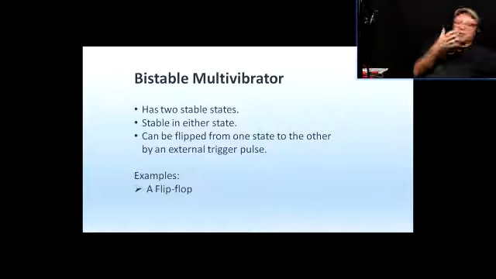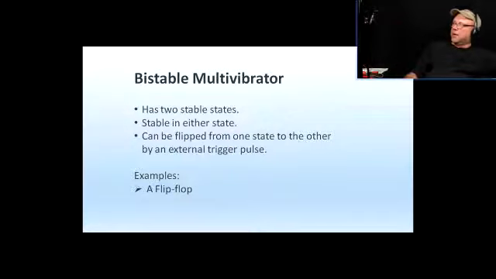So it is stable in either state. It can be flipped from one state to another by an external trigger, such as a pulse, or it could be a level.